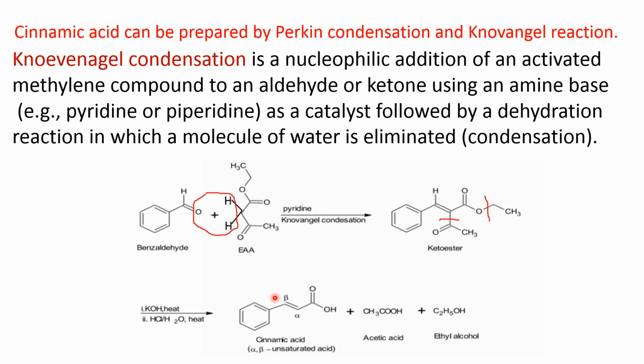This product will be this one, that is cinnamic acid. This part breaks down, this part breaks down. From this part, you will get CH3CH2OH, that is ethyl alcohol, and from this part, you will get CH3COOH. And this hydrogen is added up here. So you will get this cinnamic acid, which is an alpha beta unsaturated acid.